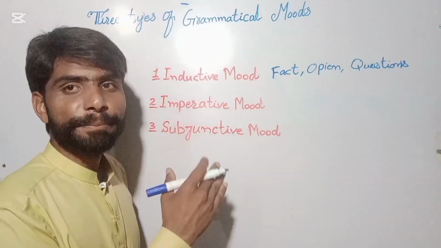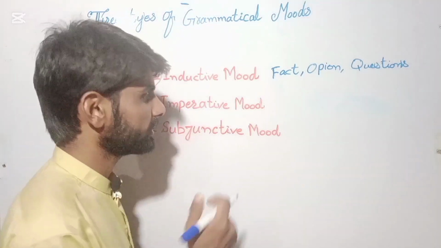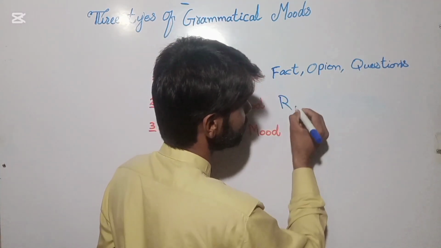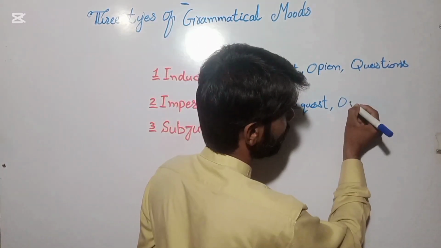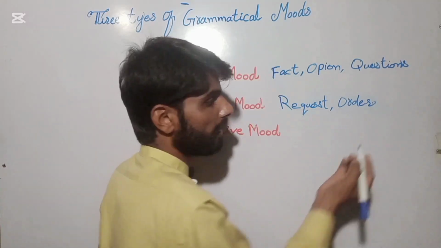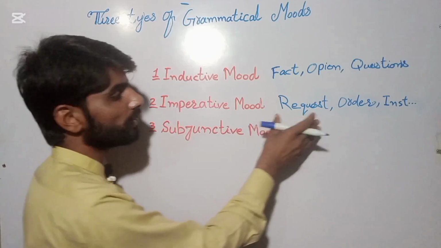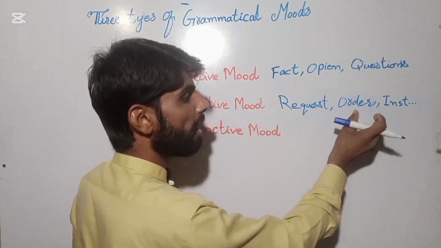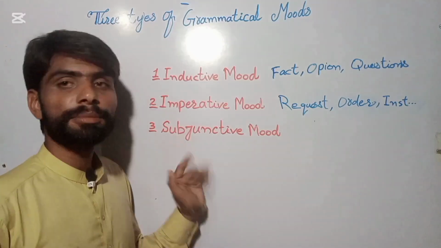So next is imperative mood. What sentences are used in imperative mood? Requests, orders, or instructions. So in the imperative mood, we write sentences of request, order, and instructions, right? Next is subjunctive mood.